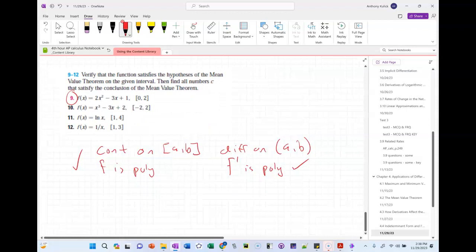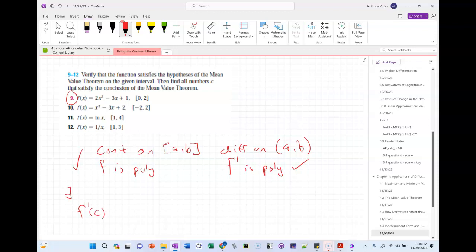Okay. So what is the conclusion of the mean value theorem? It says that there exists c on the interval from a to b such that... that's true.